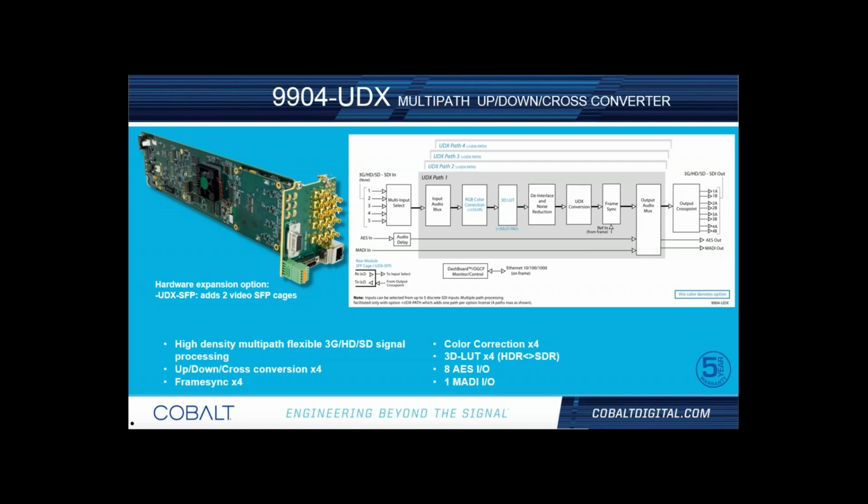but it's a multi-path card that can do independent color correction. You can do frame sync, up down cross conversion, and also the ability to process your audios. As you can see from this slide, we can do AES, or we can also do MADI, which is coming down the road. One of the unique things again is that if you have this card in, let's say, the BVG 1300 with the small profile backplane, now you have a nice capability built into a small package.